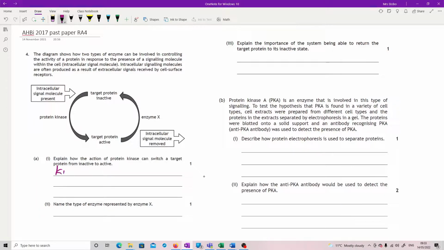So kinase transfers a phosphate, or you could say just phosphorylates.